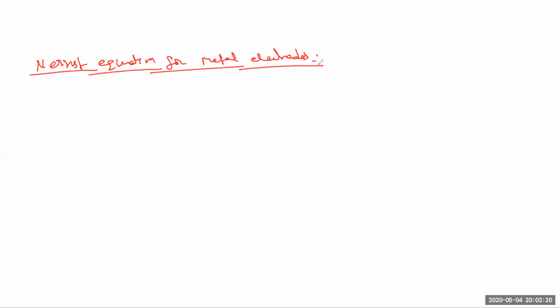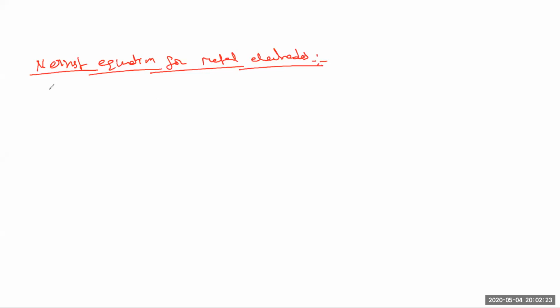Next heading is Nernst equation for metal electrodes. According to IUPAC conventions, it is always taken as a reduction wave only.